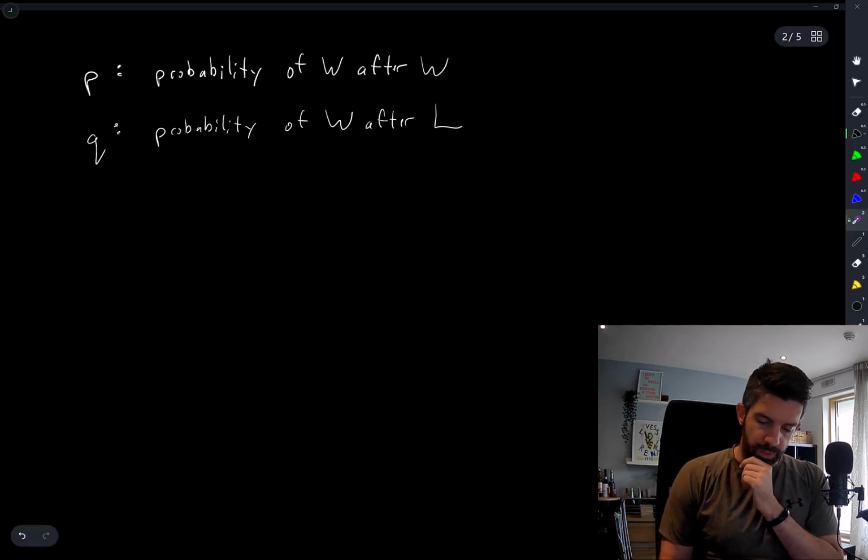So if P is the probability of a win after a win, and Q is the probability of a win after a loss, these are 2/3 and 1/3.